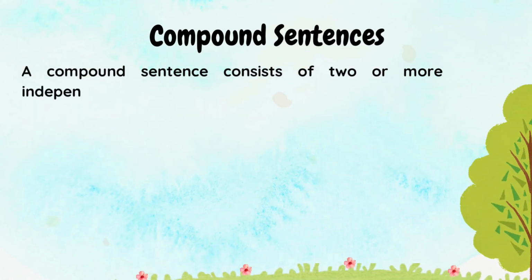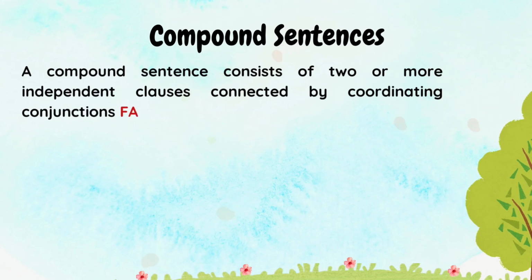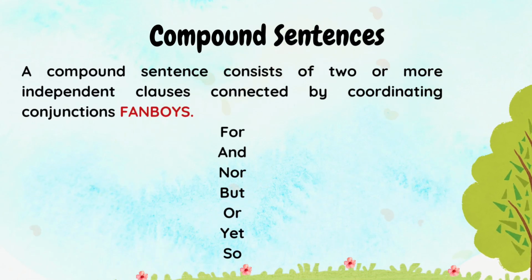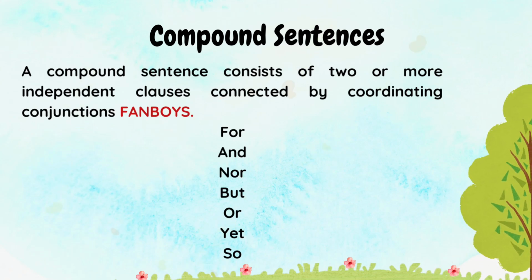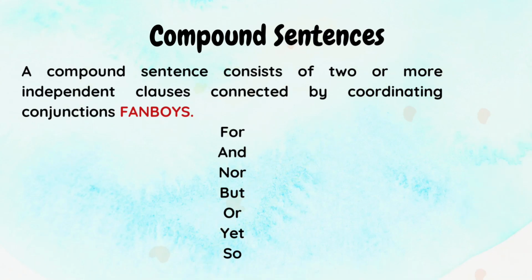Compound sentence. A compound sentence consists of two or more independent clauses connected by coordinating conjunctions, FANBOYS: for, and, nor, but, or, yet, so. Remember, a compound sentence is connected by coordinating conjunctions, FANBOYS.